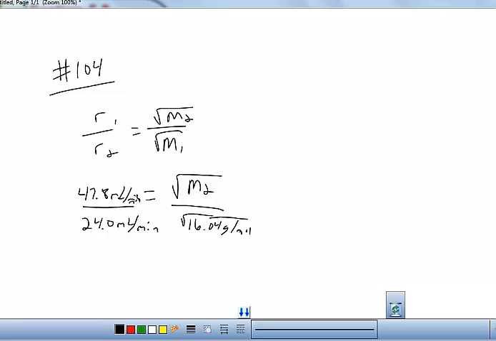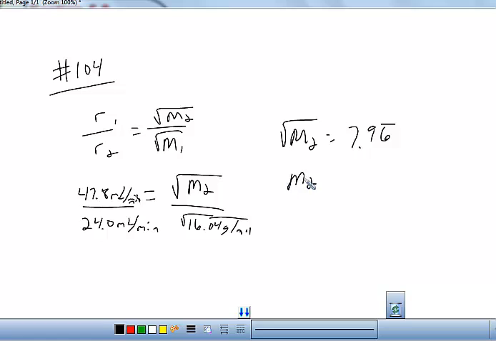On my calculator, 4 times 47.8 divided by 24. That gives me the square root of M2 equals 7.96 repeating.